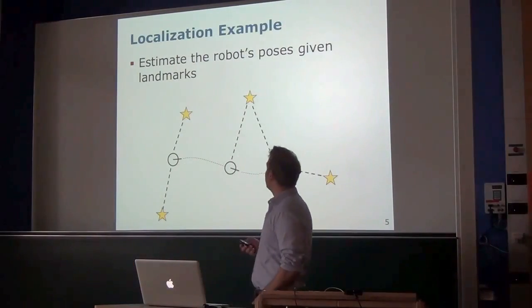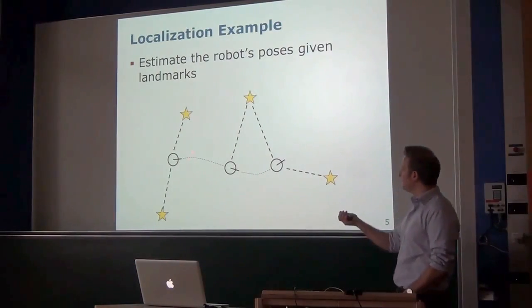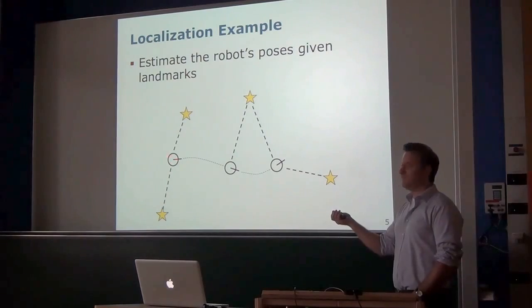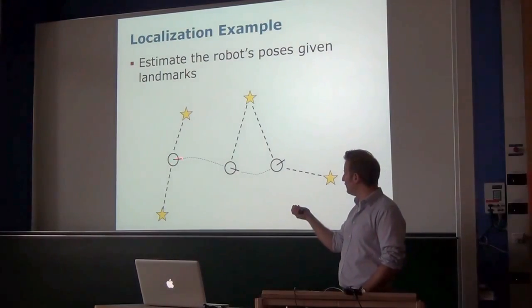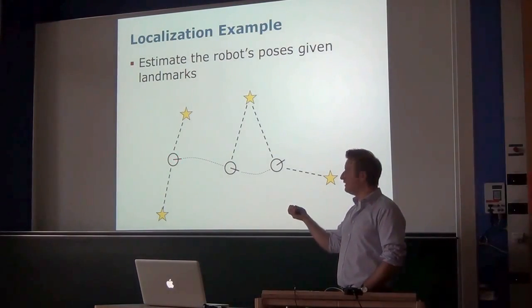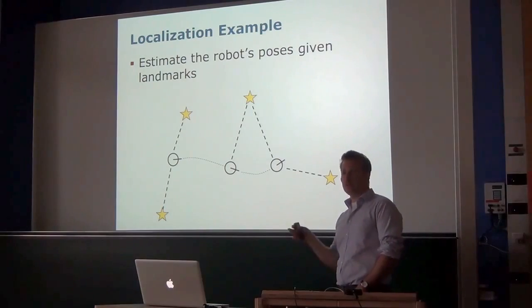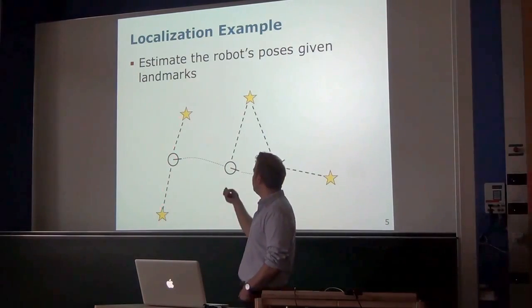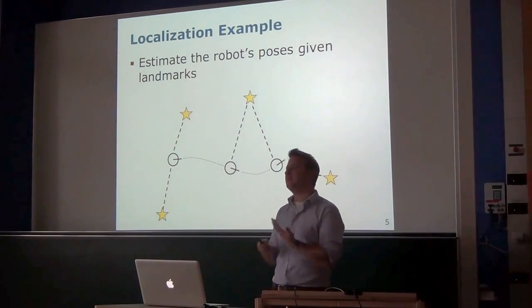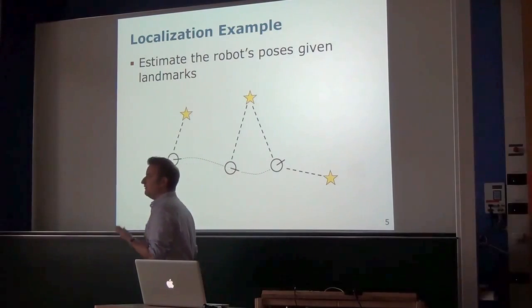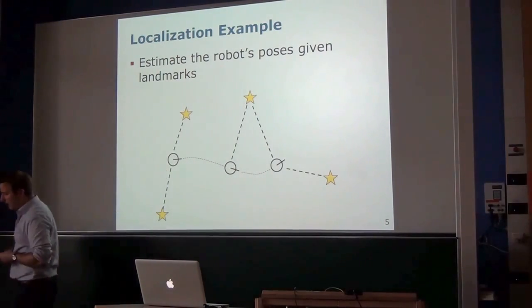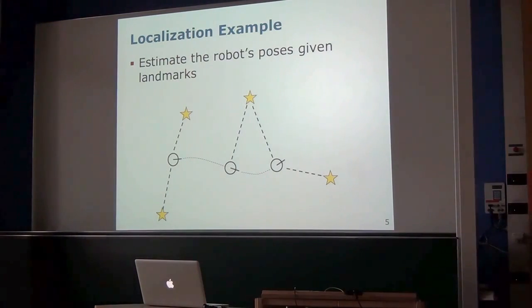So just as a small localization example. This is a robot. You often find this illustration of a robot, and this line indicates the direction in which the robot drives or looks. And these stars are landmarks, the things that the robot can observe in the environment. If you're outside on our campus, all trees are pretty good landmarks.